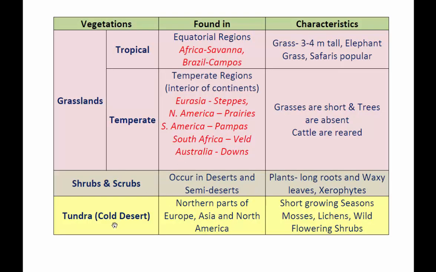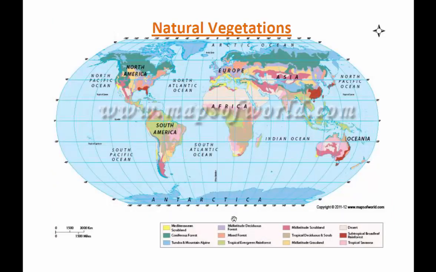Another one is tundra vegetation. The tundra vegetations are in the northern parts of Europe, Asia and North America. So if you look at the map, you will see all the blue colors.